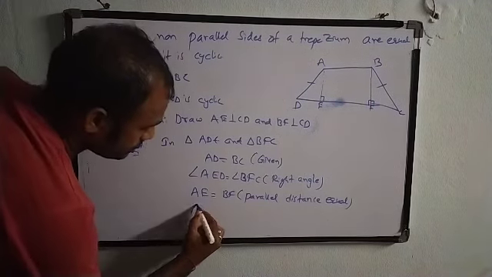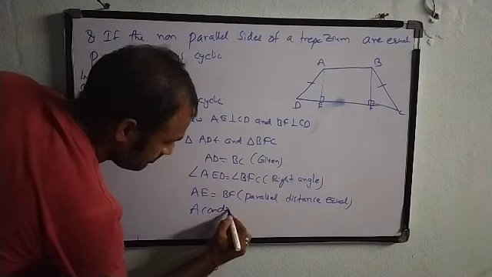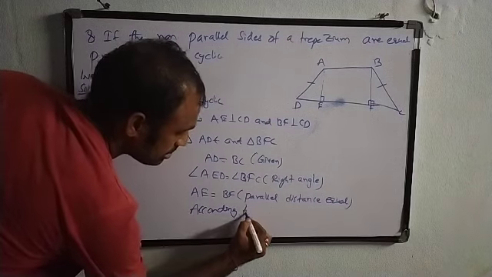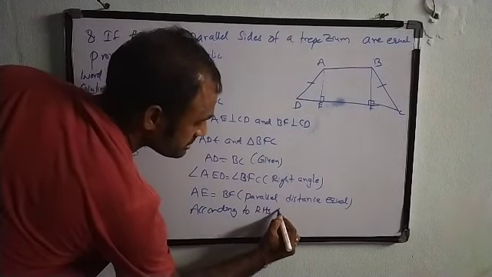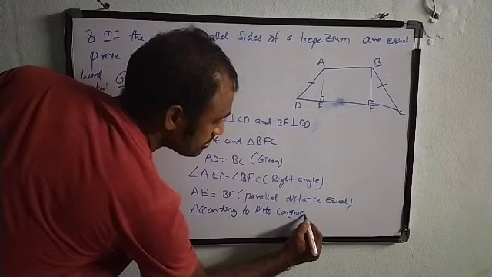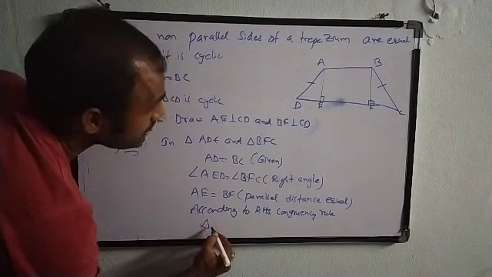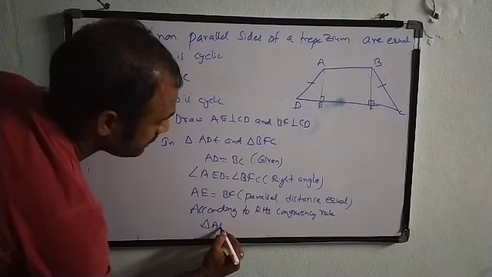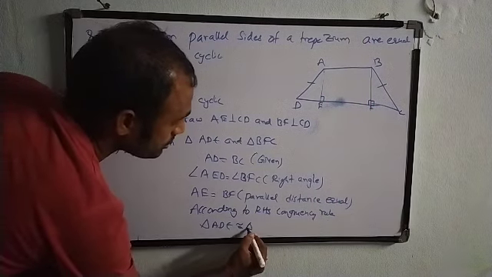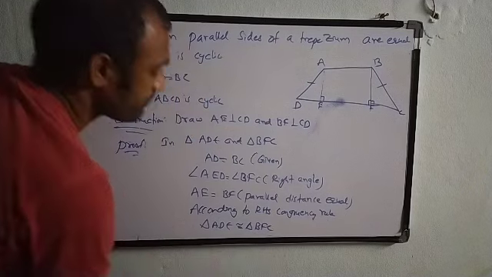Now, according to the RHS congruency rule, triangle ADE is congruent to triangle BFC.